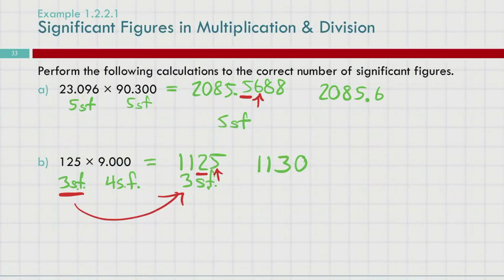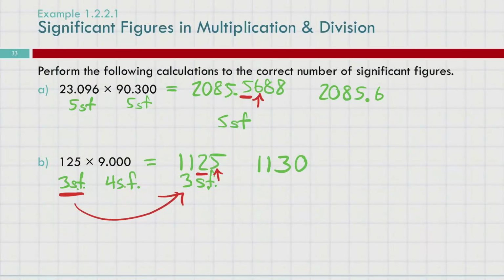How do we feel about that? We have a trailing 0. Do we have a written decimal point? We don't have a written decimal point. So this 0 is ambiguous.